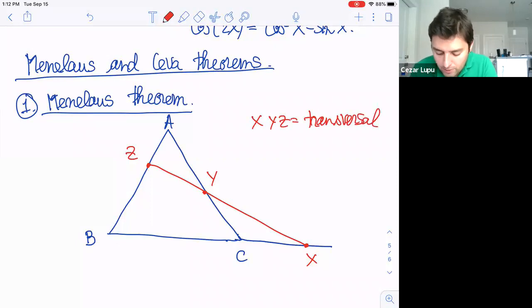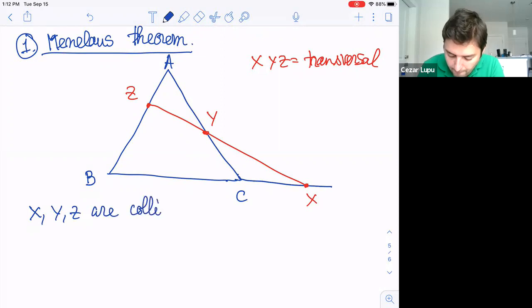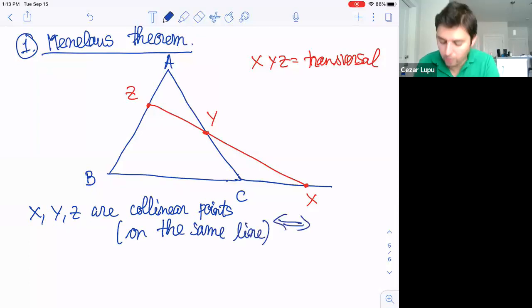But what you need to know here is the following. Menelaus' theorem says, plain and simple, that these points X, Y, Z are on the same line, are collinear, if and only if the following holds true.